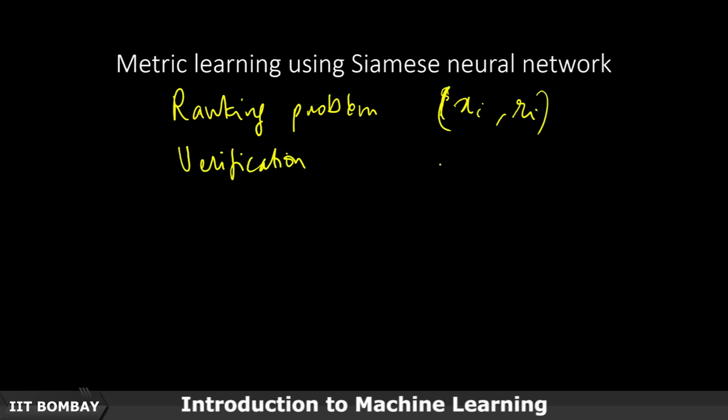You have xi and xj, and we want to find their similarity: are they similar or dissimilar? That means we only look at pairwise combinations, and they are either 0 or 1. 0 means they are not similar and 1 means they are similar.